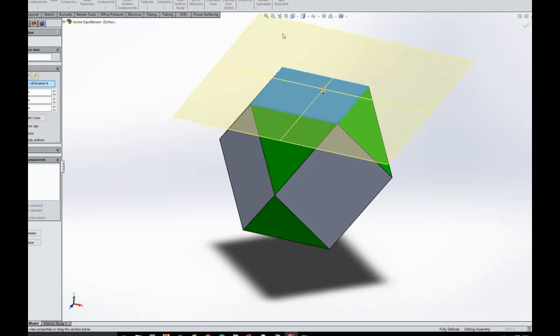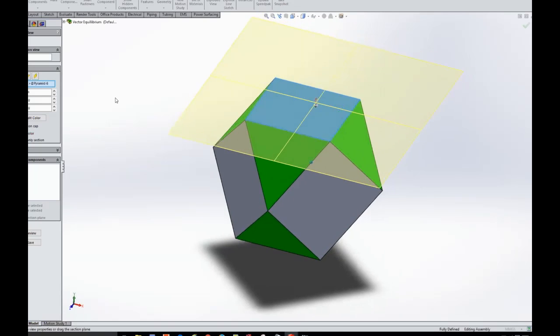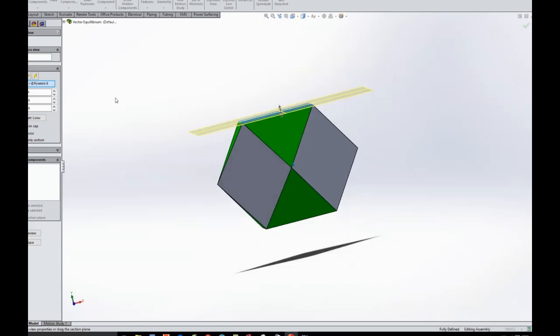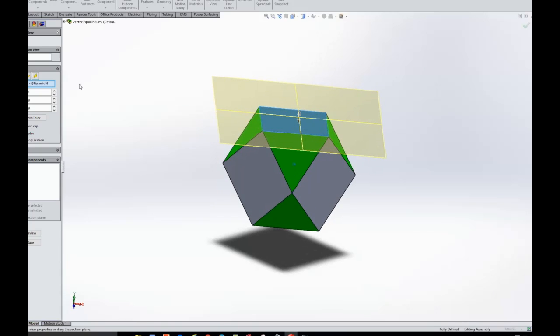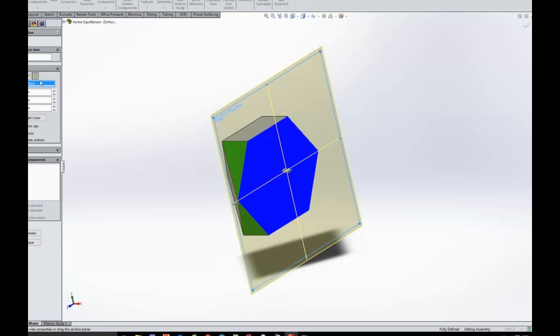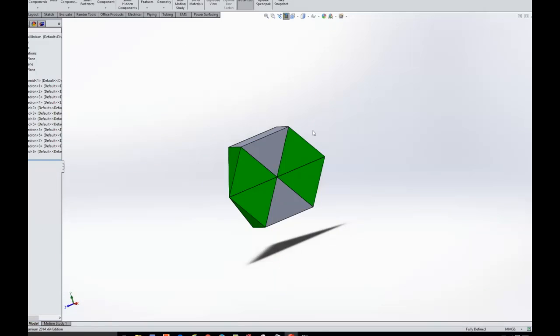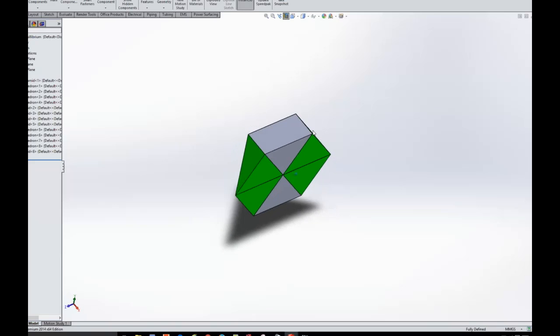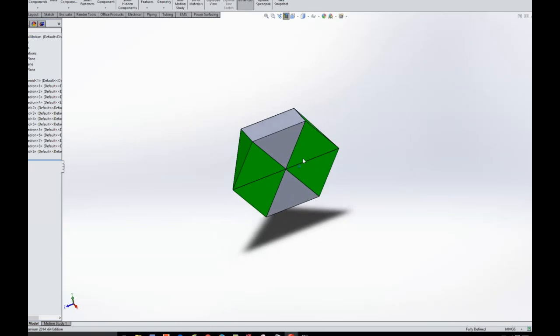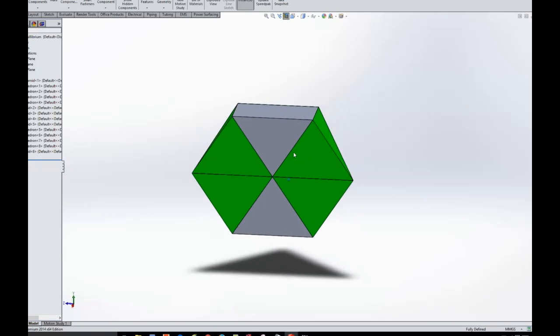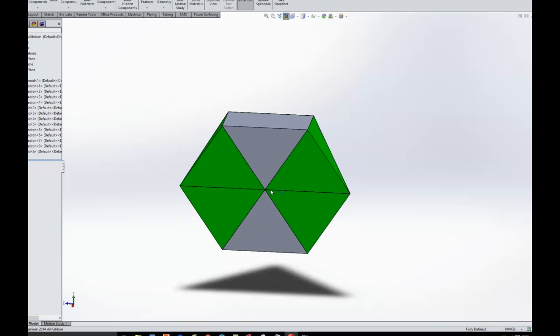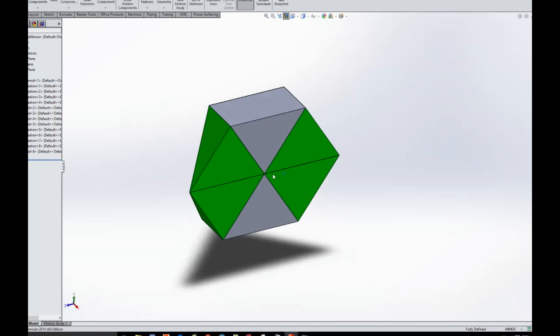Then maybe I can do a cut here. Not on this plane. Maybe this plane. Okay, you see all the tetrahedra and pyramids meet with their apexes at the center of this vector equilibrium.